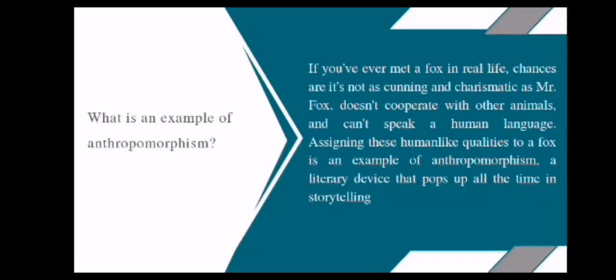What is an example of anthropomorphism? If you have ever met a fox in real life, chances are it's not as cunning and charismatic as Mr. Fox, and it doesn't cooperate with other animals that can speak a human language. Assigning these human-like qualities to a fox is an example of anthropomorphism, a literary device that pops up all the time in storytelling.